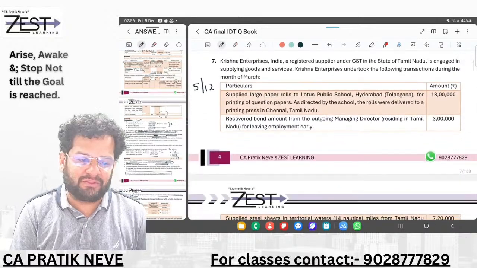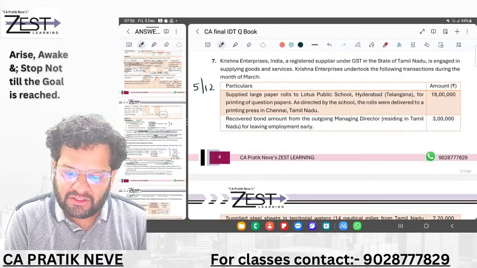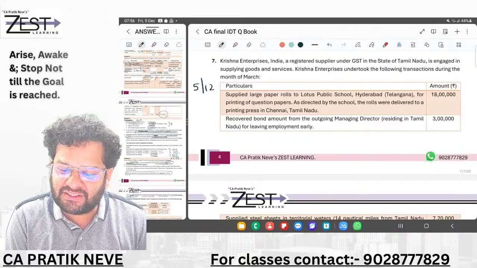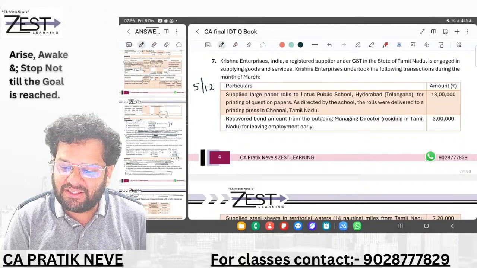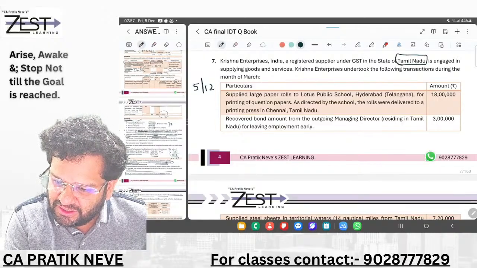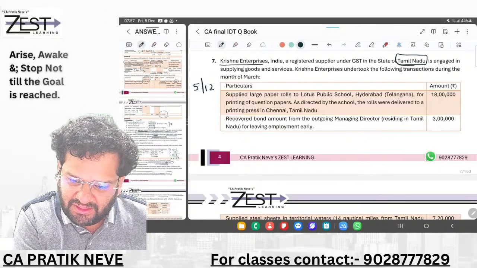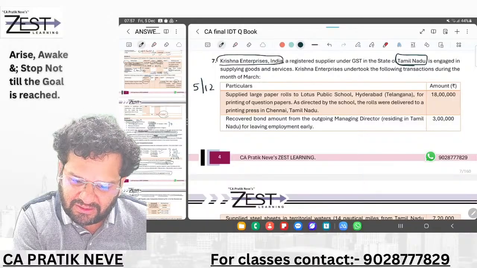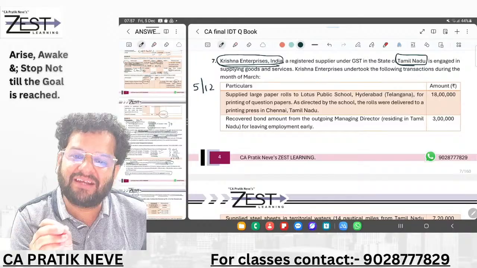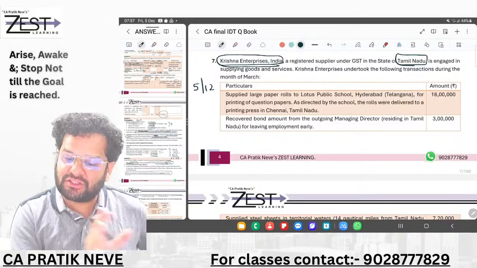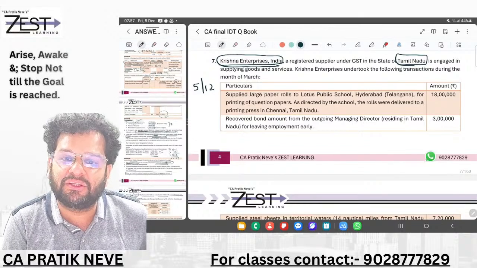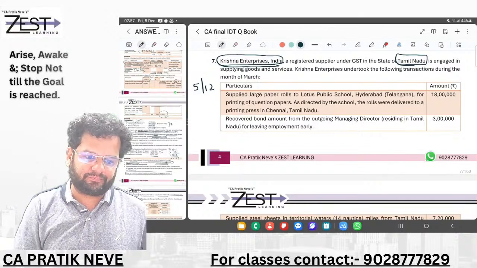Now see question number 7. Krishna Enterprises India, registered supplier under GST in state of Tamil Nadu. So Krishna Enterprises India is in Tamil Nadu. It is engaged in supplying goods and services. Krishna Enterprises undertook the following transactions during the month of March.